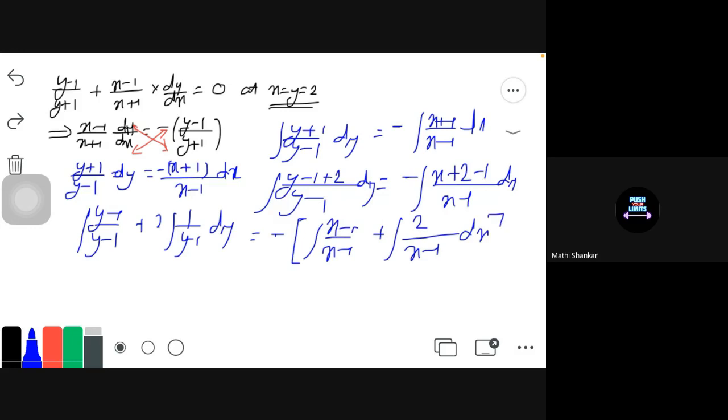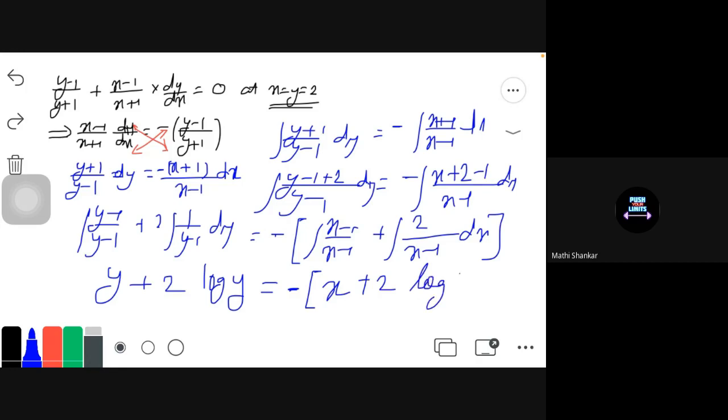So this y minus 1 gets cancelled. So integration of dy will give me y, plus 2 into 1 by y will be log of y. So this will give me y plus 2 log of y is equals to minus of, here also x minus 1 gets cancelled, so integration of dx is x, plus 2 outside, 1 upon x minus 1 will be log of x minus 1, plus c.